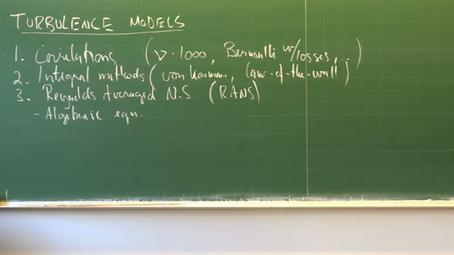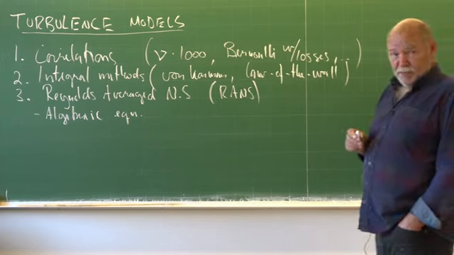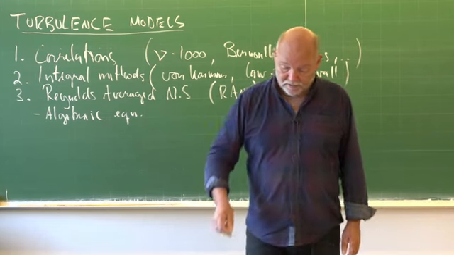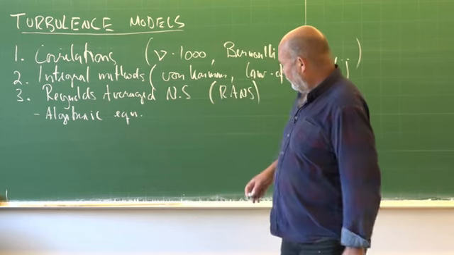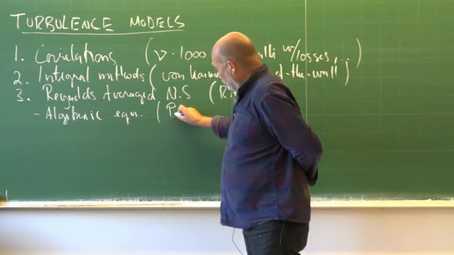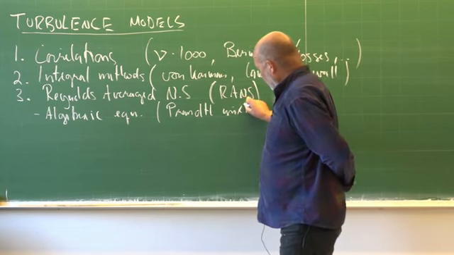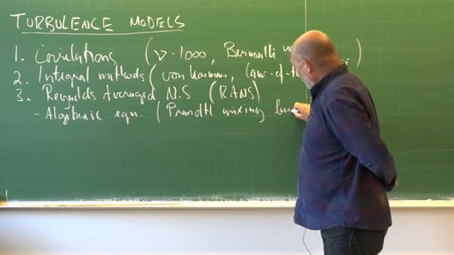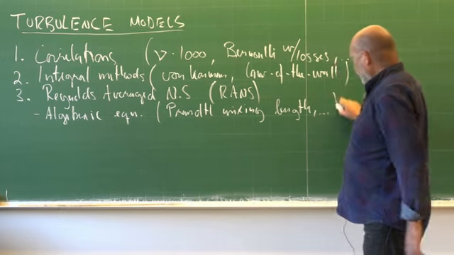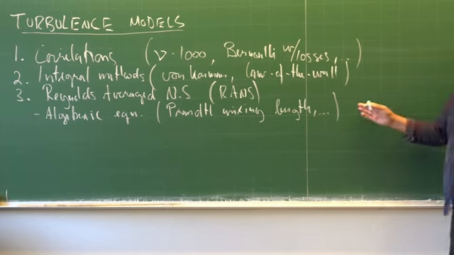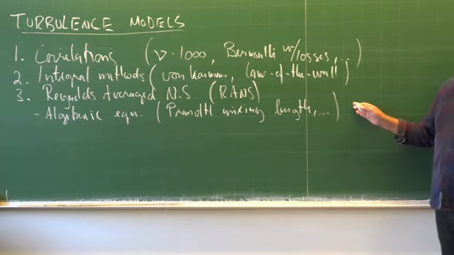So we have several of these, and they are cheap, but some of them may be actually useful. Maybe the most famous one, Prandtl mixing length. And Cebeci and Smith, and you have a bunch of these. So this is roughly where it all started. Very simple models. It doesn't cost much, but they are not very good in describing turbulence. We have to admit that.